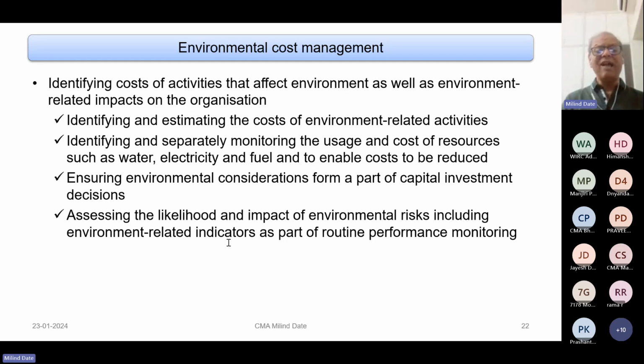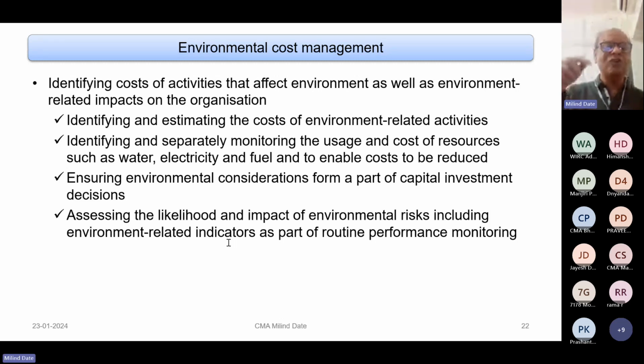So, you need to assess the likelihood of the environmental risks materializing, probability, and if the probability actually occurs, what would be the impact that it creates? British Petroleum was faced with, for example, the oil spill, and they had to clean up the sea water to a large extent, of course, and spend a lot of money on the costs to maintain or bring back the environment to the normal.